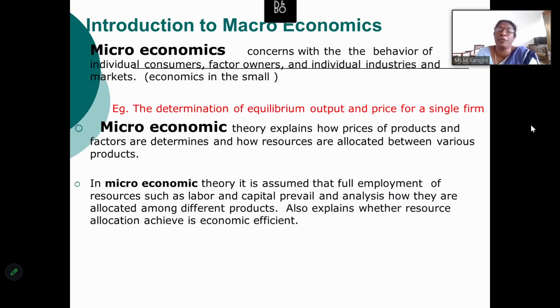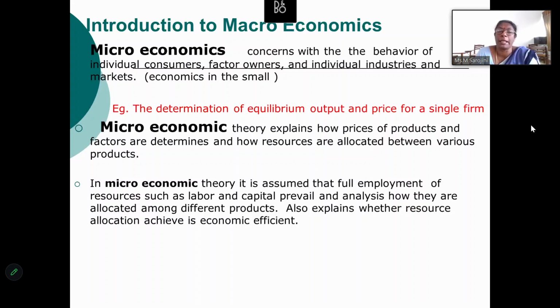That is the individual industry or individual customer or individual firm's behavior, where the demand curve and the supply curve intersect, there the price and quantity will be determined. That behavior is analyzed by microeconomics, a very small portion.